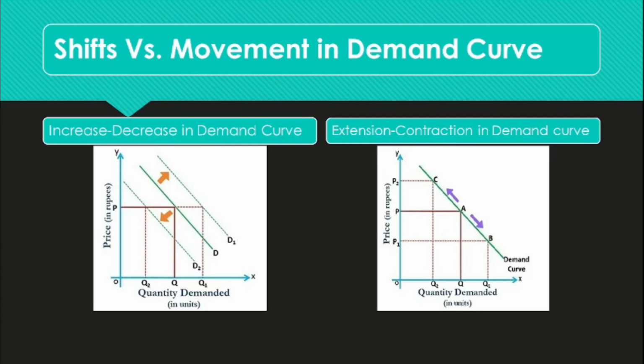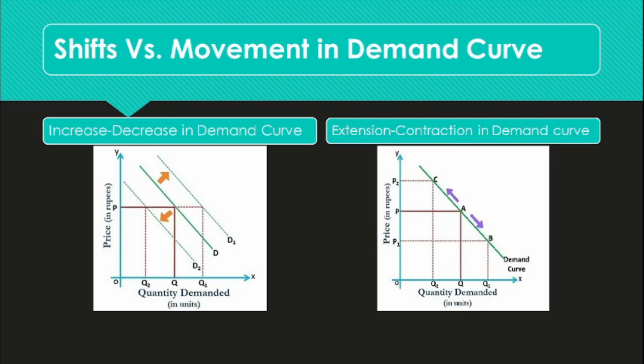There is an increase when it is moving forward, and there is a decrease when it is moving backward. But price is not actually changing. So why is this change happening? It shows that the change in this demand curve is happening because of other factors, other determinants of the demand function than the price.